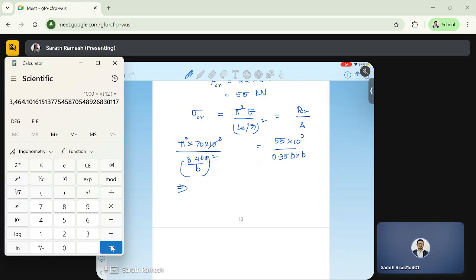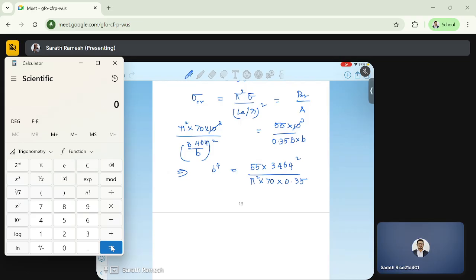10 power 3, 10 power 3 cancel. So B square, B power 4, equals 55 into 3464 square divided by pi square into 70 into 0.35. Okay.